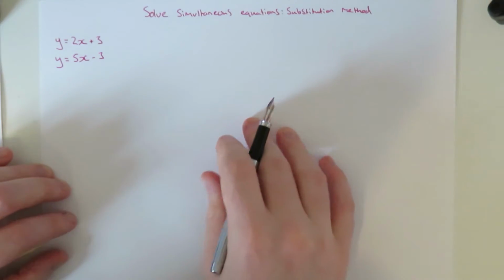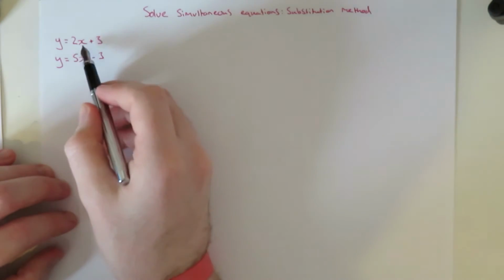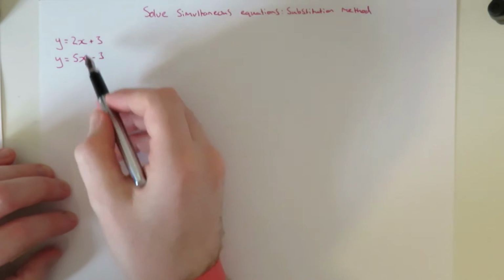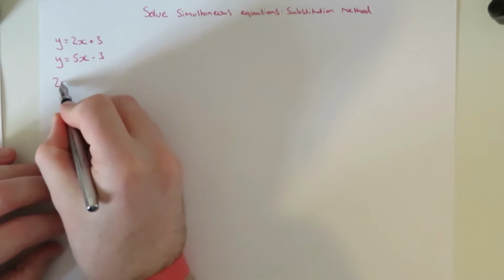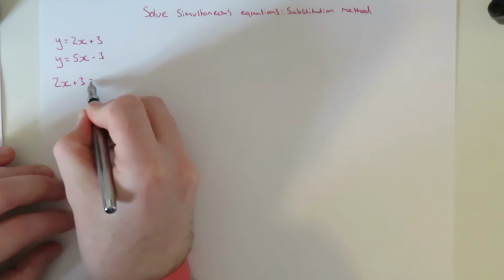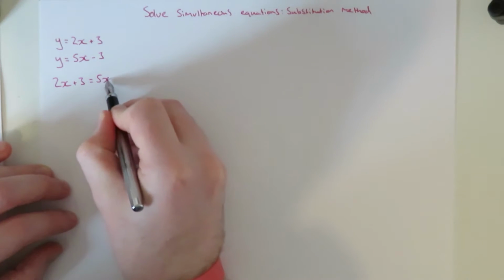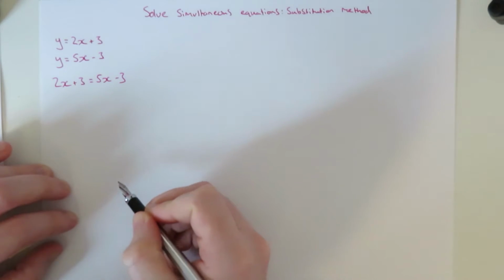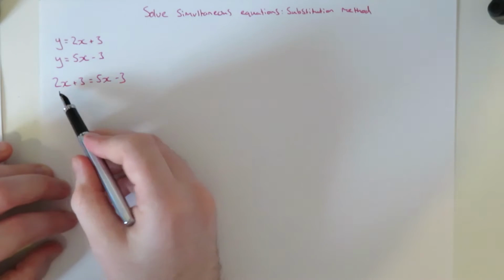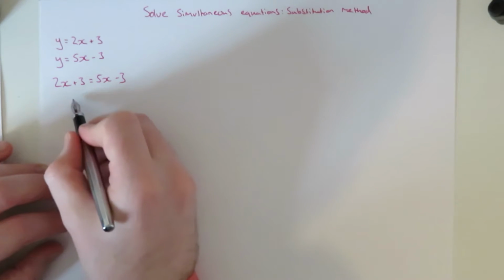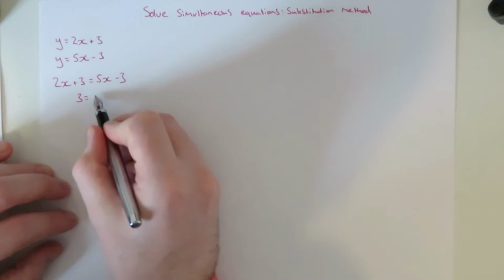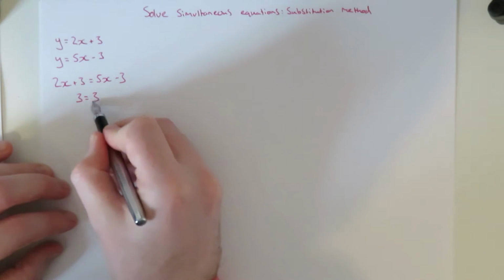In this case, y equals something, so you can set these equal to each other. 2x plus 3 is equal to 5x minus 3. Here you can subtract 2x from both sides, so you will have 3 is equal to 5x subtract 2x, which is 3x.